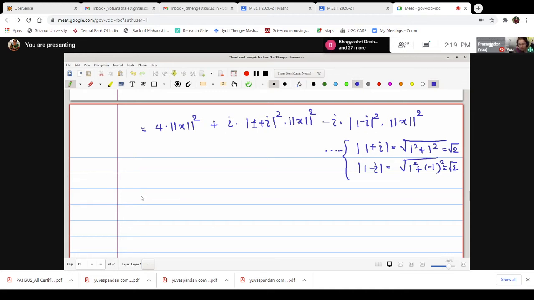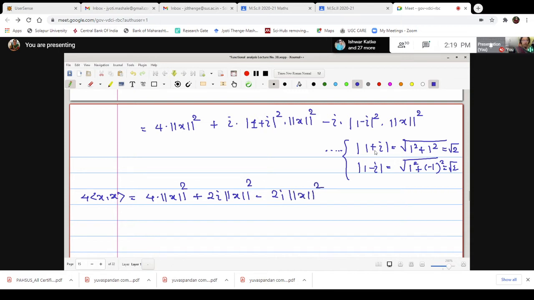But we have the square already. Left hand side is 4 times inner product x with x, therefore this is 4 times norm square of x. Okay, therefore this is 2i norm square of x minus 2i norm square of x, right?